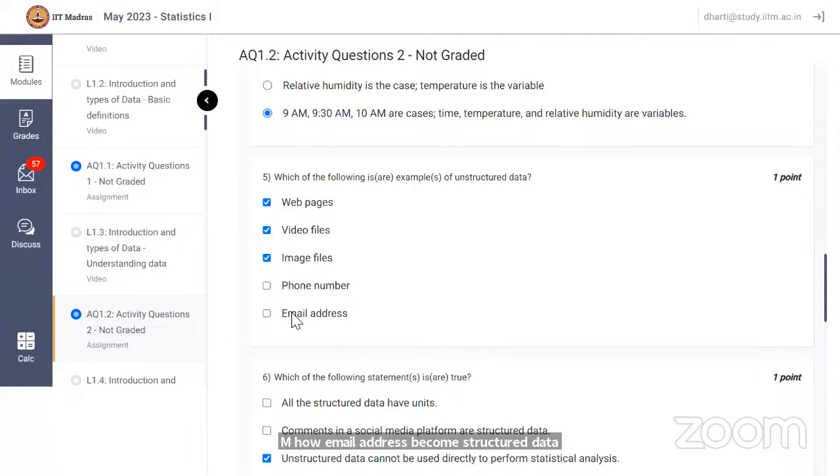Okay. We are using some numbers, some special characters also, then how does it become structured data? Because an email address has one domain, like @gmail.com, which will be fixed, right? Image files have different sizes. Email addresses, phone numbers, etc. also consume different bits of storage.